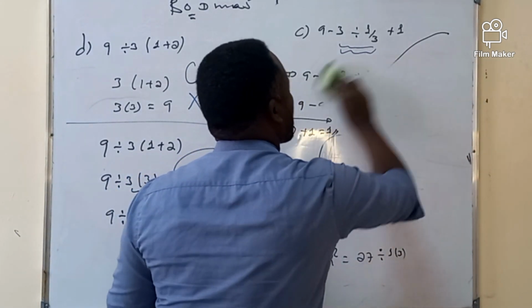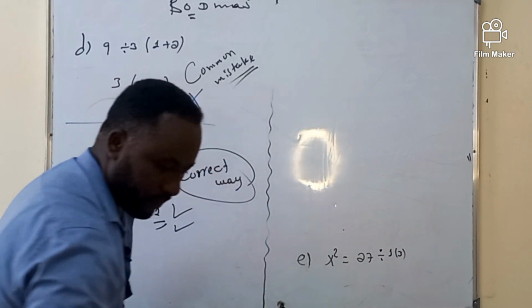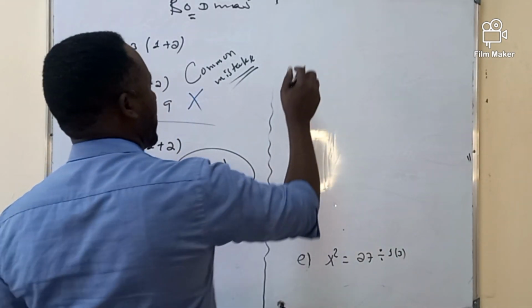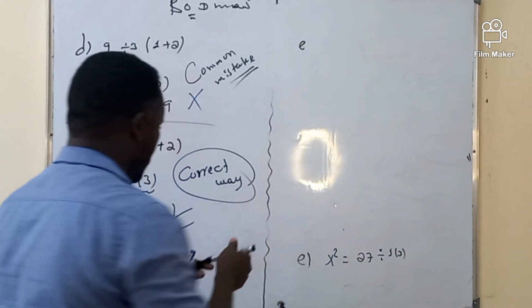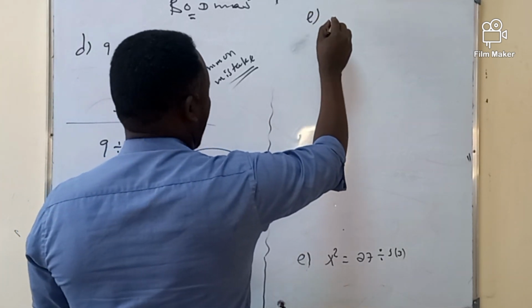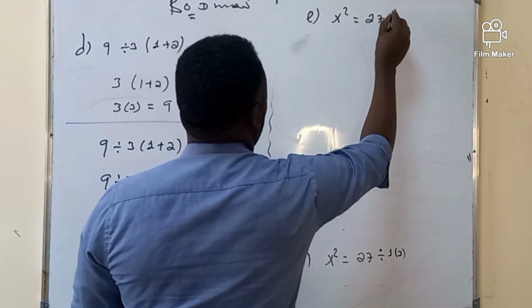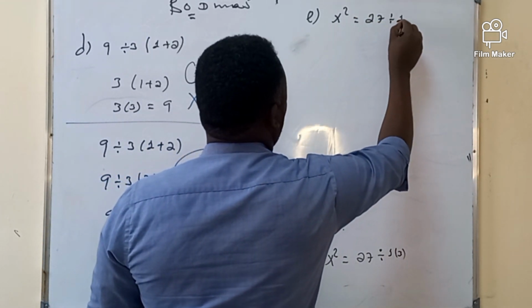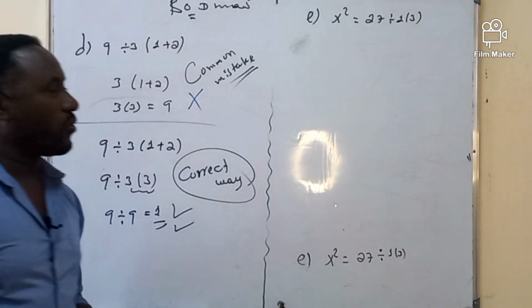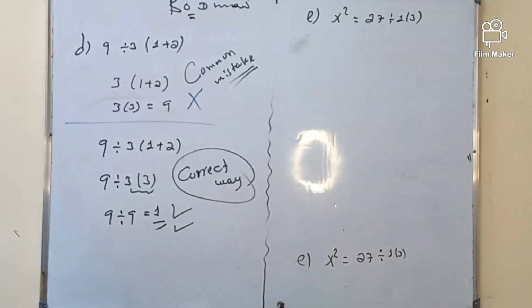Now let's come to the last question that I'm going to show today. This is the last question, this one. First, let me write it this way: x squared is going to be 27 divided by 1 into 3. Let me show you how many people do it the wrong way.